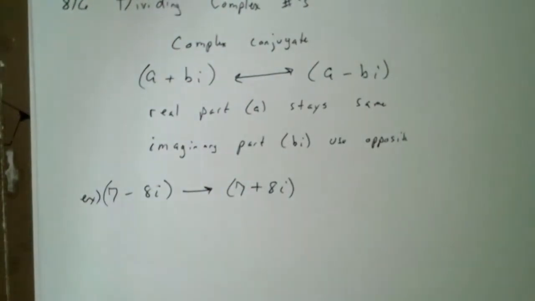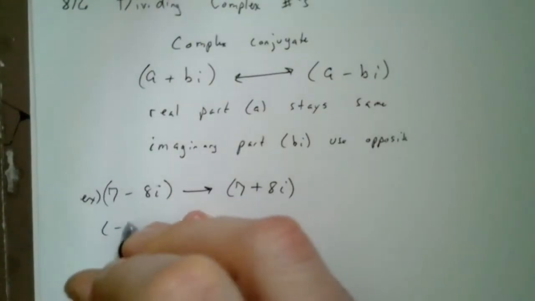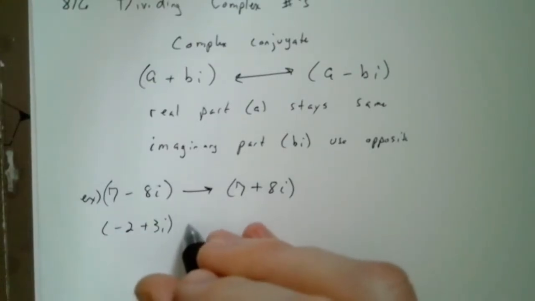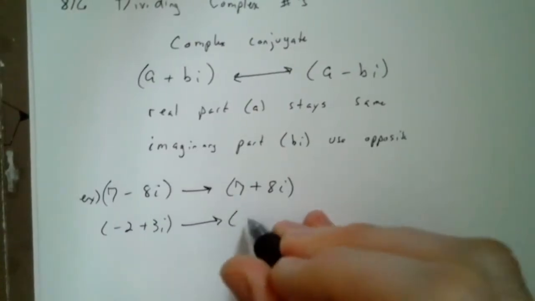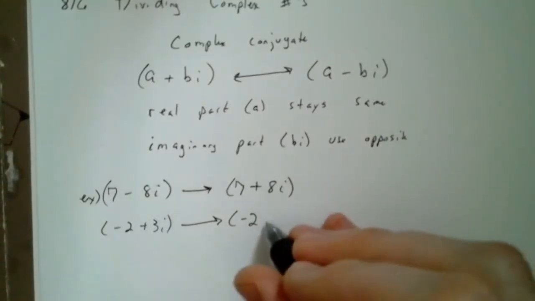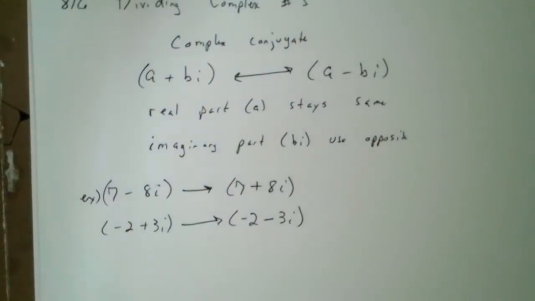Okay? We take a look at one like negative 2 plus 3i. The complex conjugate is going to be, again, the negative 2 stays the same, and the opposite of plus 3i is minus 3i. So that's how we get the complex conjugates.